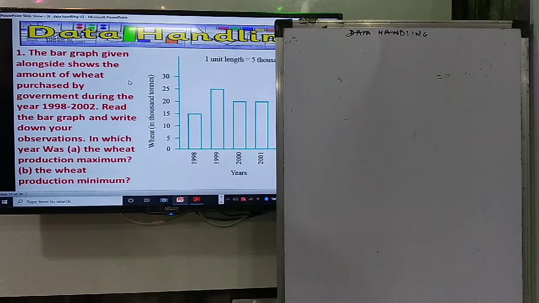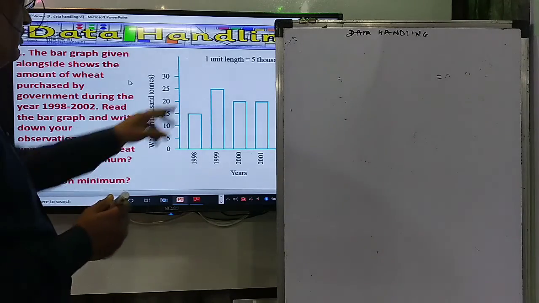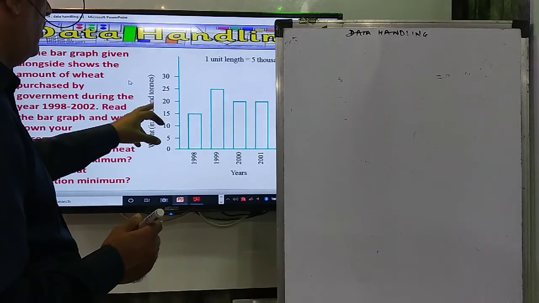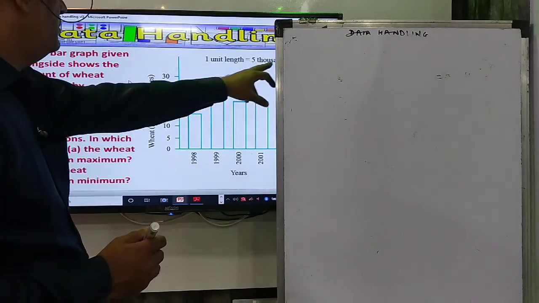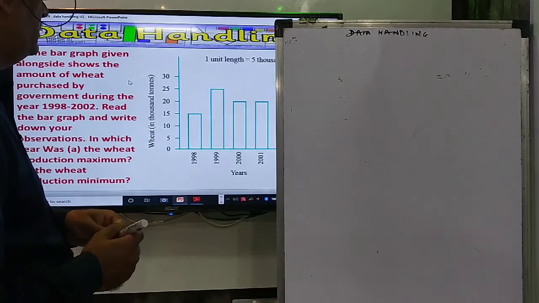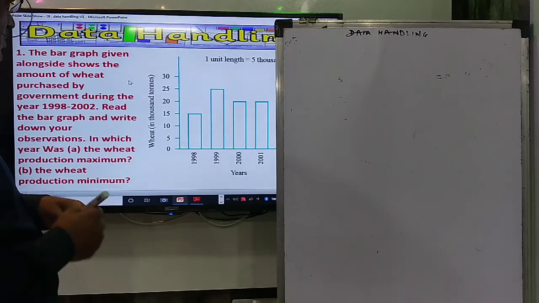Read the bar graph and write down your observations. What is the first question asked? In which year was the maximum production of wheat? All these are in terms of 5,000 tons, which means one unit represents 5,000 tons.